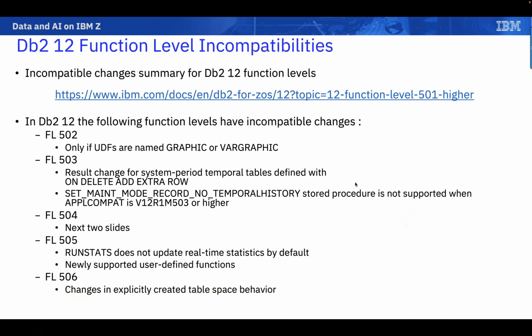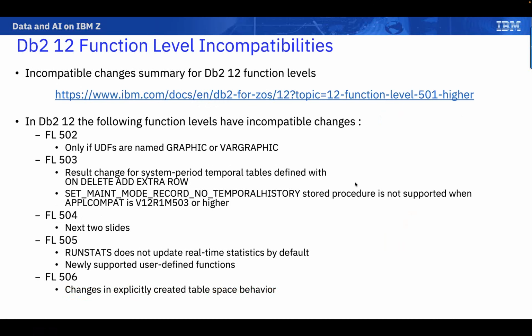But you don't want to be surprised by doing that. And so each function level may or may not have an incompatible change with an earlier function level. So I listed here in this chart the incompatible changes that were introduced with the various function levels.